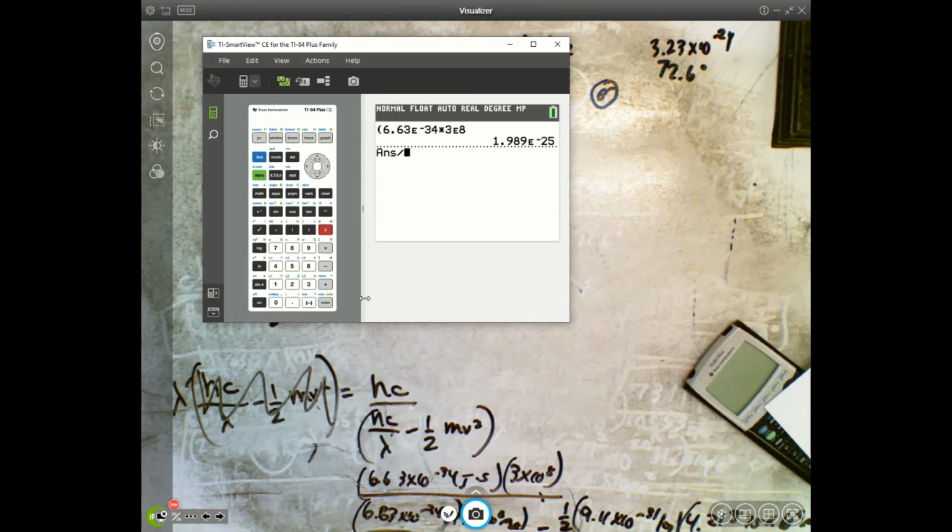Sure, we get an answer, and then divide it by our initial wavelength, which is 2.035 times 10 to the negative 10.